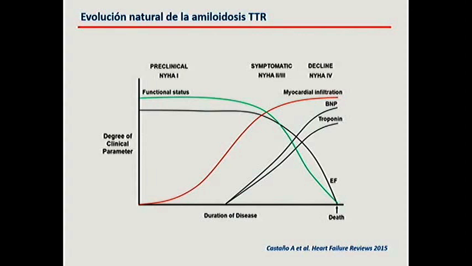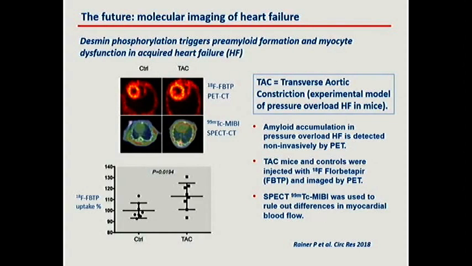This comes along with ventricular dysfunction, and it's inversely proportional to the degree of myocardial infiltration, which follows an S-shaped curve, and the troponins come later in the evolution. And we would have a unique opportunity, which would be the detection and typification of amyloidosis, perhaps before halfway through its evolution, and that would enable us to apply some therapeutic measures.